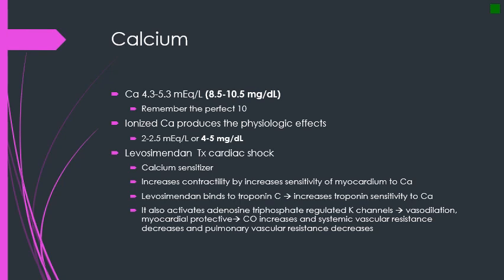So it increases the contractility of the heart. So it's a positive inotrope. It also activates your adenosine triphosphate regulated potassium channels, which will produce vasodilation, and that will help protect that myocardium because it decreases the resistance that it's pushing against.